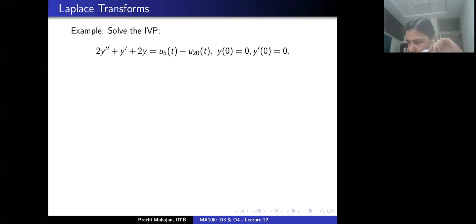So what is this differential equation? For example, if we are in the open interval 0 to 5, then this differential equation is exactly 2y double prime plus y prime plus 2y equal to 0. Correct?